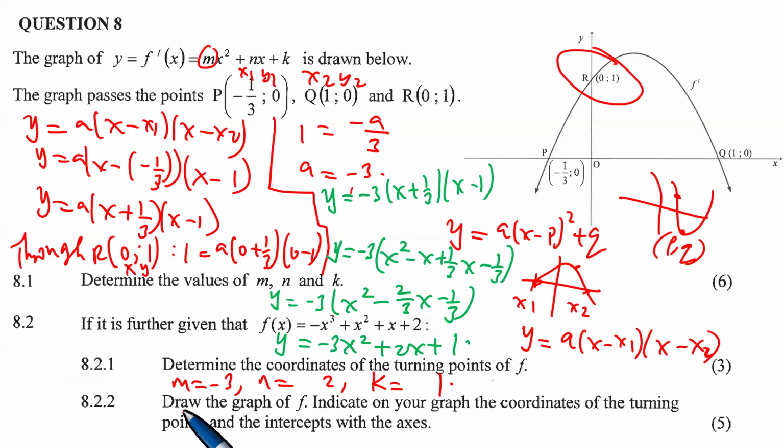We got m equals -3, we got n equals 2, and we got k equals 1. Okay, learn these quadratics, please, for grade 11.